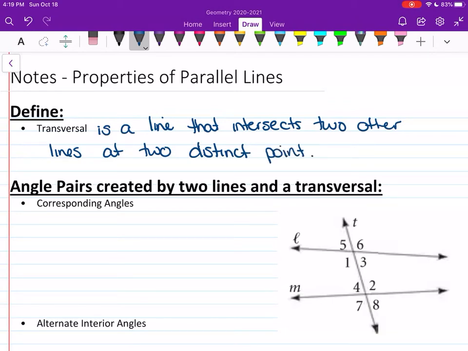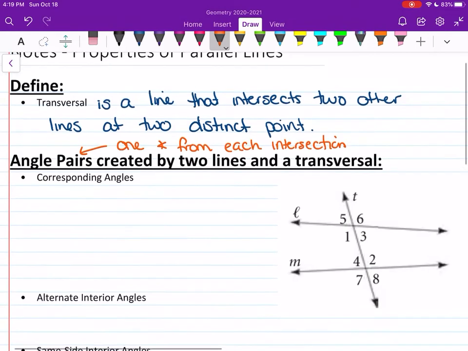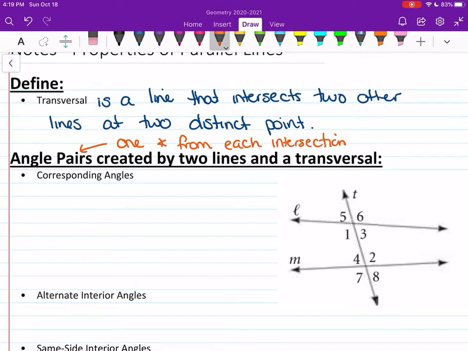All right, so for this we have two different intersections happening. And so when we talk about these angle pairs, we have one angle from each intersection. If I look at a picture here, my transversal is going to be this line T, and it intersects both lines L and M at two distinct points.